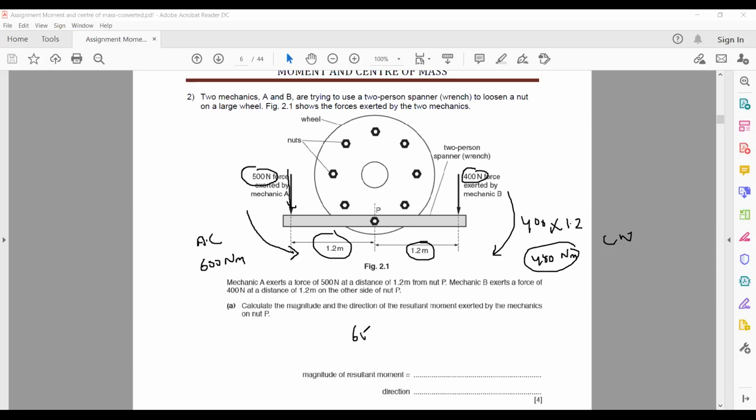So 600 anti-clockwise minus 480 clockwise. So the resultant moment is 120 Newton meter. And what is the direction? That is anti-clockwise, because the higher moment is anti-clockwise. So as a result, this spanner or wrench will rotate anti-clockwise. Is it clear now?